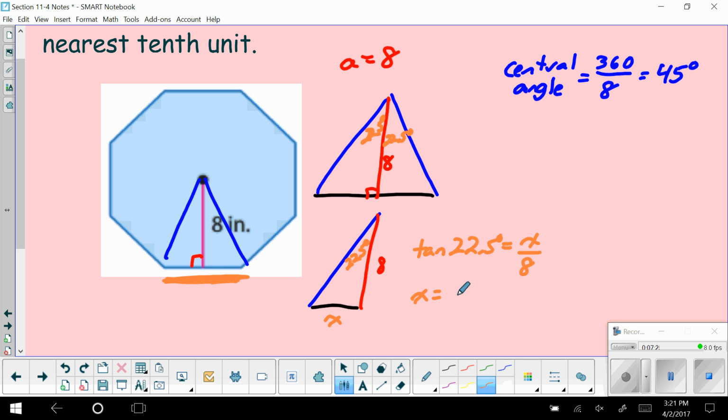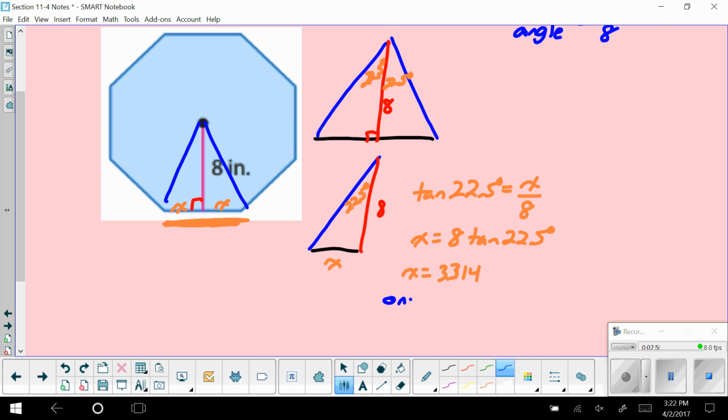So x is going to equal 8 times the tangent of 22.5 degrees. Thank goodness for a calculator, which gives me 3.314. But that's half of the side, so one side is double that.